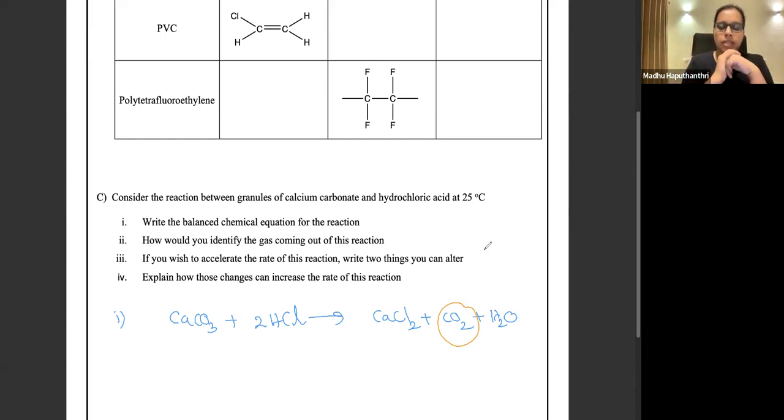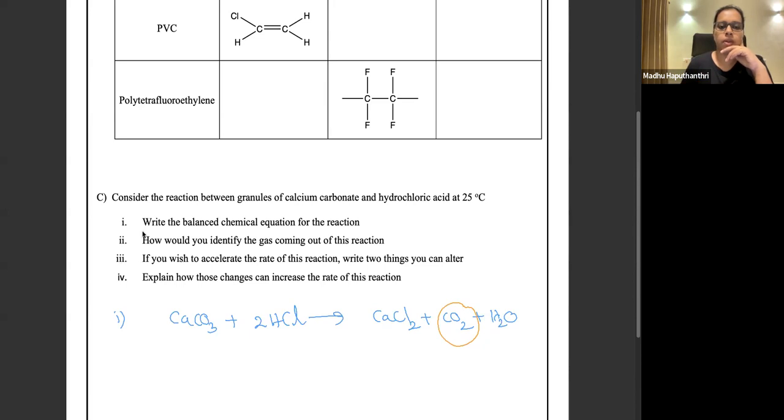That's a famous test. That is how you identify CO2. So definitely clear lime water solution, that word is essential.